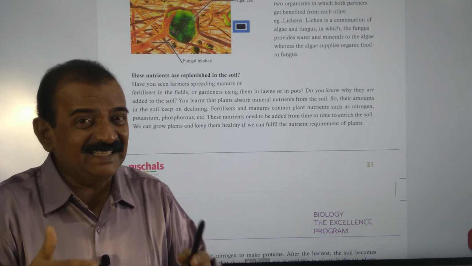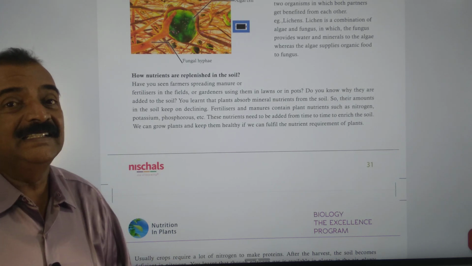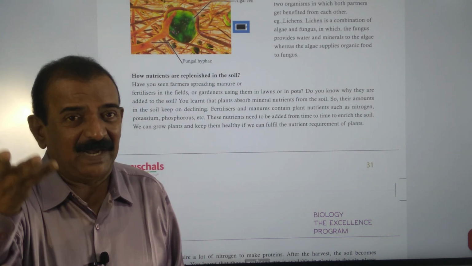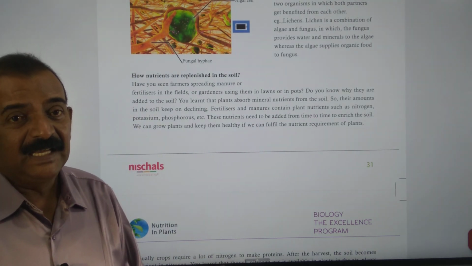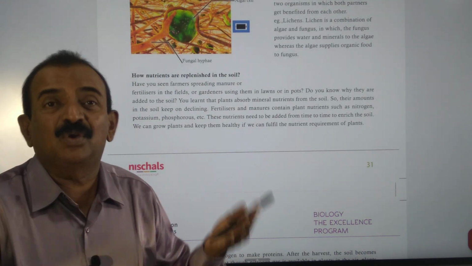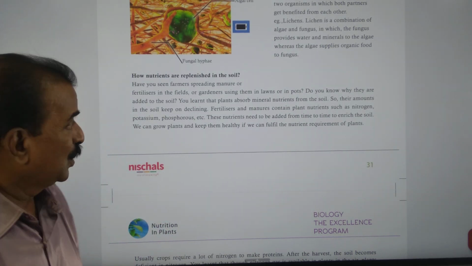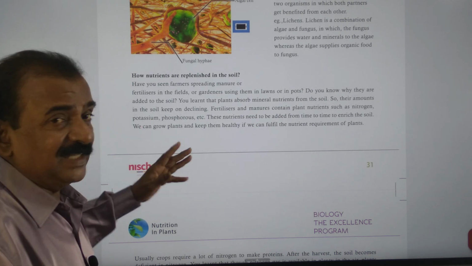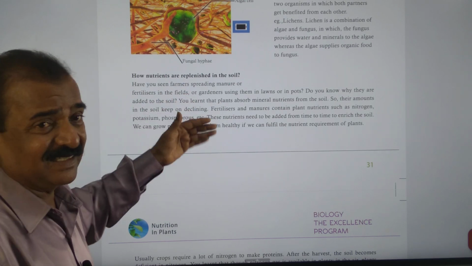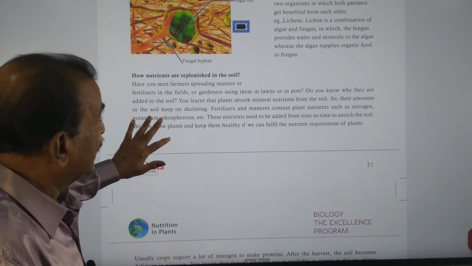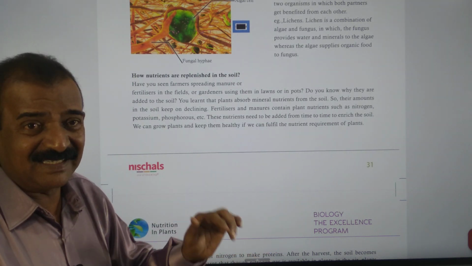These elements should be present in the soil, then only will that soil support the growth of the plant. Suppose these elements are not there in the soil, then that soil may not support the growth of the plant, and thereby the plant may not produce flowers and fruits. So how are these nutrients replenished? They are depleted in the soil by plant growth, and the concentration of the elements decreases.